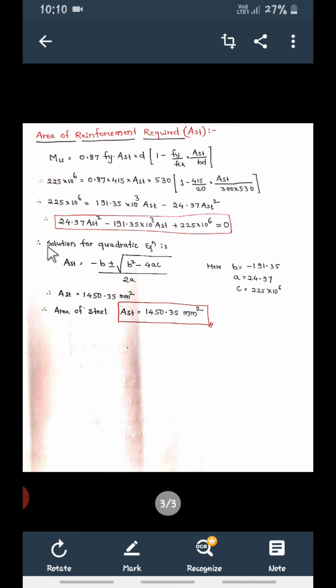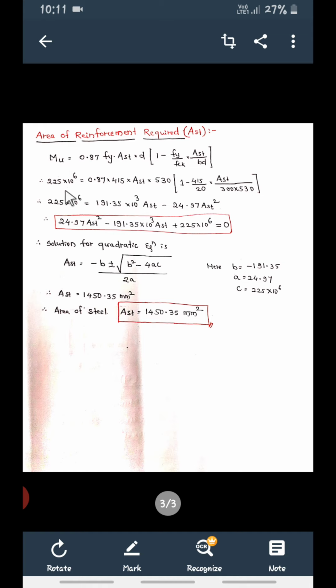Next, the second step is we have to find out the area of reinforcement required, that is Ast as usual. So Mu, the ultimate moment or factored moment, is equal to, use this formula, 0.87 fy Ast d into bracket 1 minus fy upon fck, Ast upon bd.